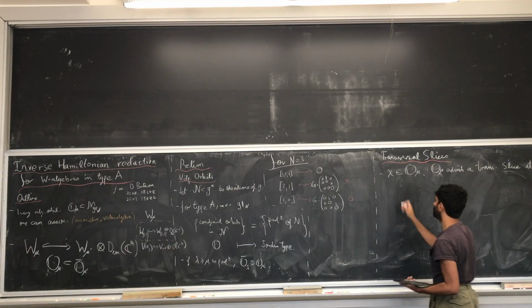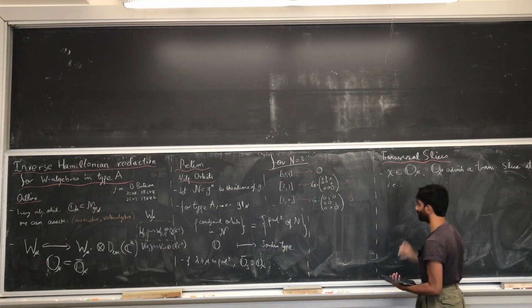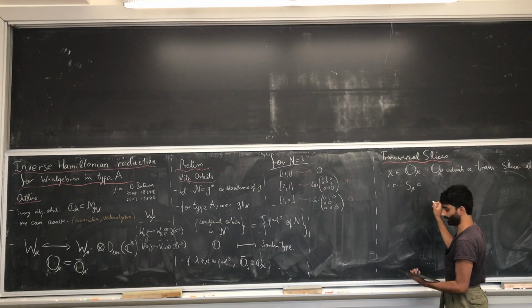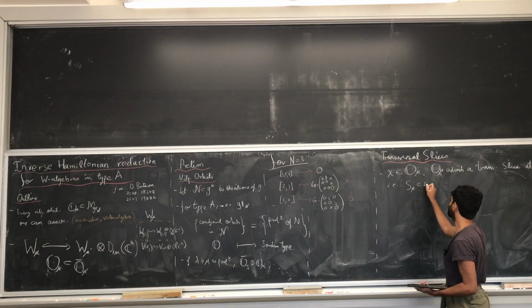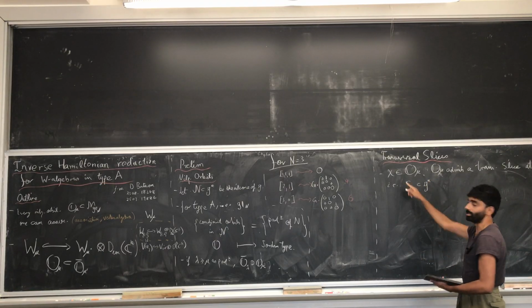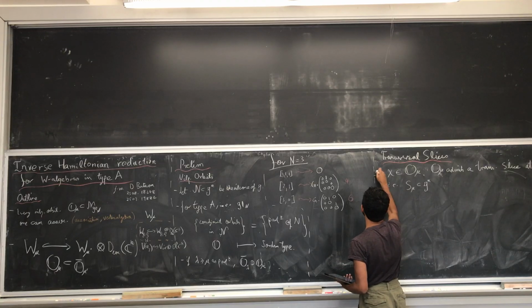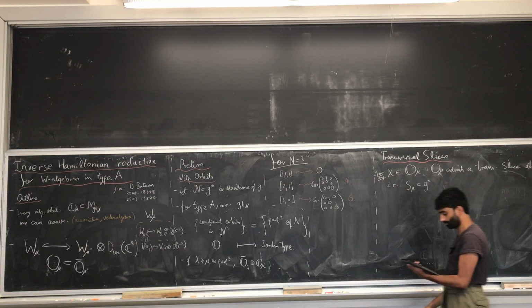So i.e. there's some subvariety S_mu inside g, and chi some special point on it. So this is true for any point inside of O_mu.